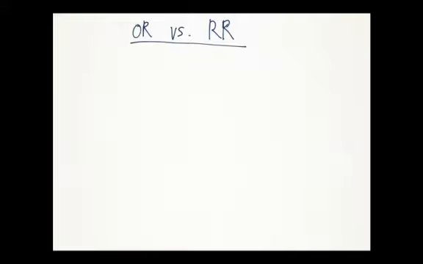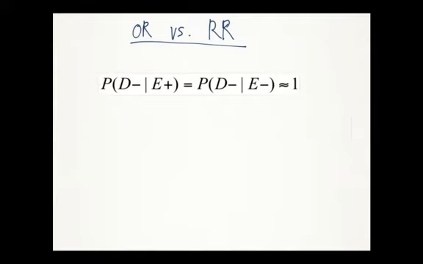If we're working with a rare disease, we'll have this property, that the probability of not having the disease among the exposed is very similar to the probability of not having the disease in the unexposed, which is close to 1. We're saying it's close to 1 because it's a rare disease. So I should write that down. If it's a rare disease, then the following holds.